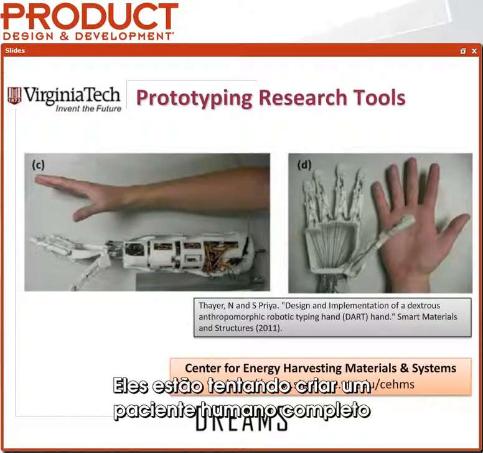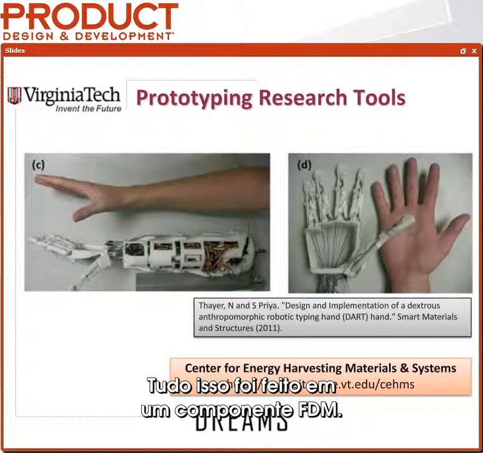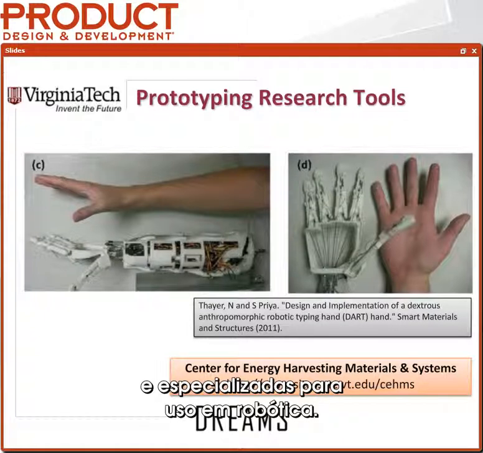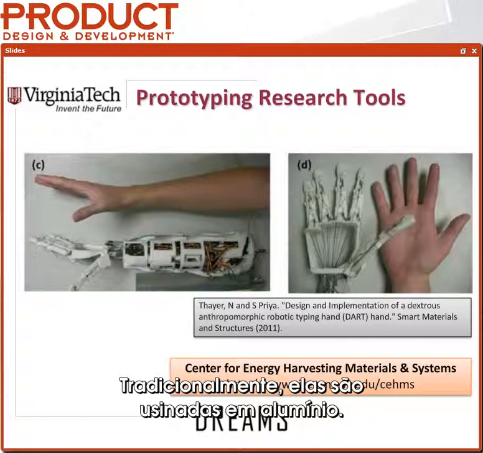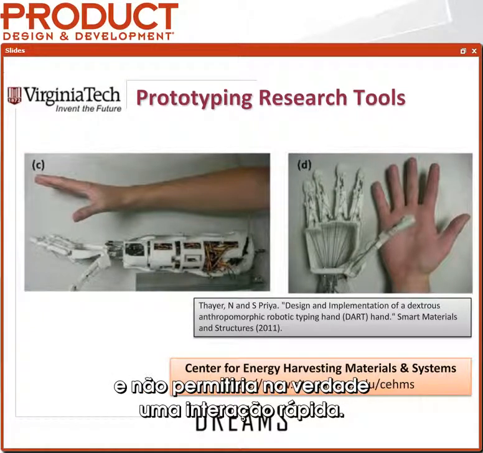They're trying to make a full human patient for doctors to be able to do testing and learning situations. That's all been made on an FDM machine, and it's a very quick way to make parts that are lightweight and specialized for robotic purposes. Traditionally, they would have to machine that out of aluminum, which would be very time-intensive, would waste a lot of material, and wouldn't allow for quick iteration.